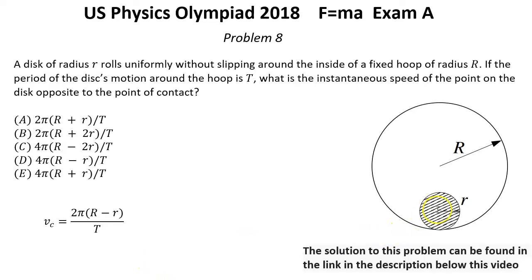And now, because this speed Vc is constant, the instantaneous speed of the top of this small disk is just proportional to the distance from the point of contact. It means that this distance is twice greater than the distance to the center of this disk. So the speed of this point will be twice greater than Vc, which is this one. And this is the answer D. That was the solution for problem number 8.